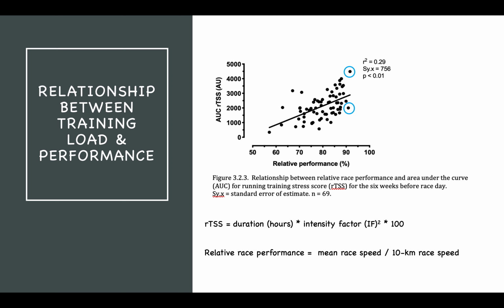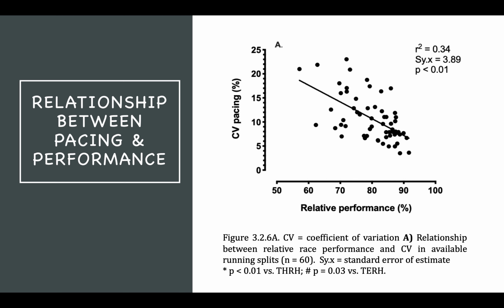And finally, we looked at the relationship between relative race performance and pacing. On the y-axis, we've got coefficient of variation in pacing as a percentage. So how much did the pacing splits vary with all the splits that we had for the race?